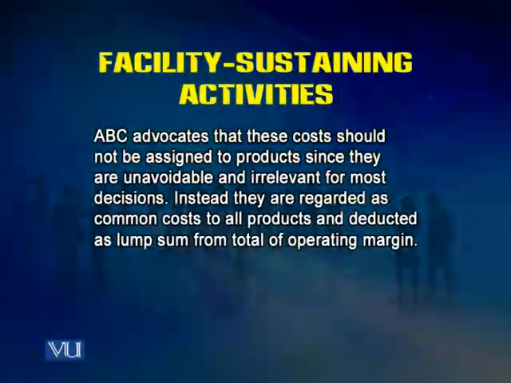ABC advocates that these costs should not be assigned to products since they are unavoidable and irrelevant for most decisions. Instead, they are regarded as common costs to all products and deducted as a lump sum from the total operating margin.